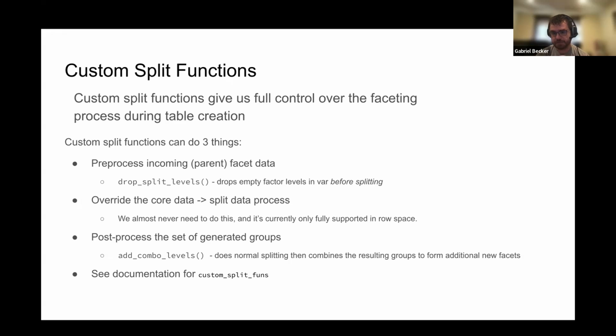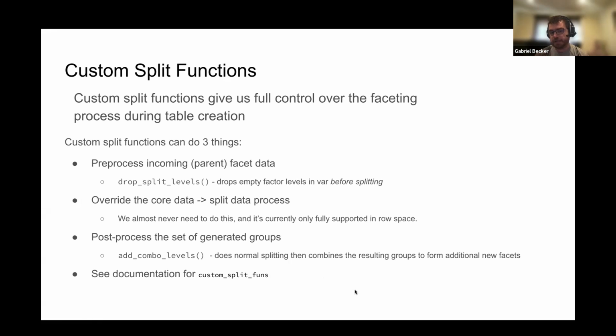It drops levels that aren't observed, and then says, okay, now go on, continue, do the thing you were going to do anyway. So it's stepping in before the splitting process and saying, get rid of the empty levels, we don't want them. Then the rest of the machinery just behaves normally.